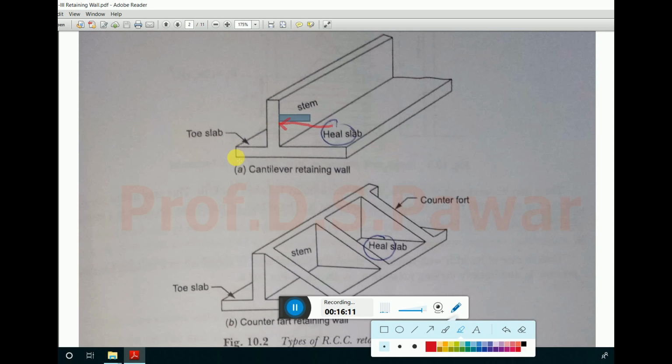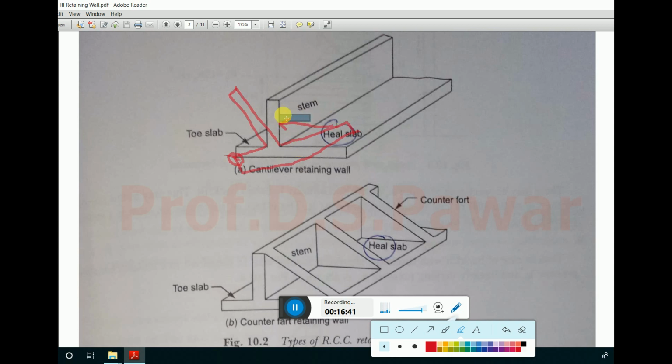Due to the moment about the toe, if you consider this point O, there is a chance that the retaining wall will overturn.